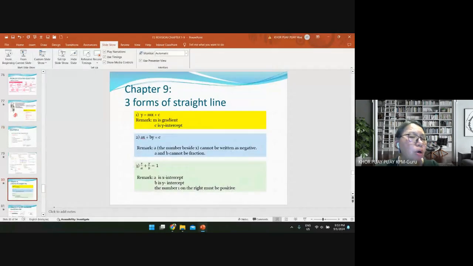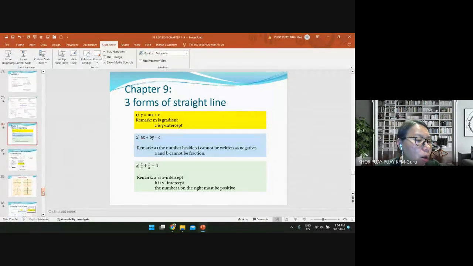And lastly, your straight line: make sure you know how to change from y equals mx plus c to ax plus by equals c, or to x over a plus y over b equals 1. This one teacher cannot teach you here because it will take a long time.